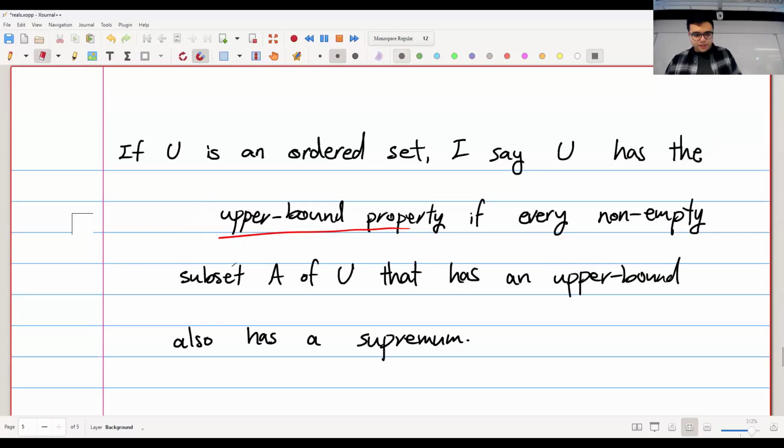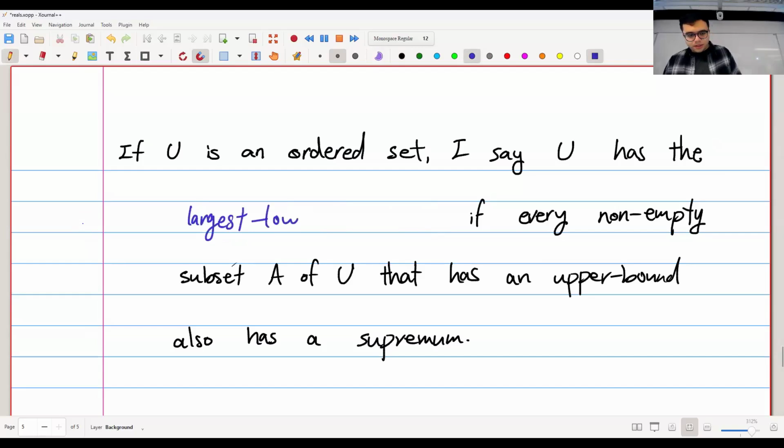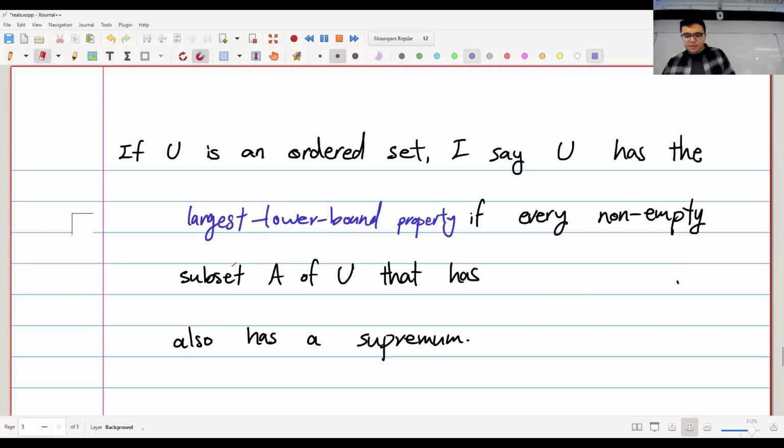Now, instead of this, I want to say it has the largest lower bound property, or the infimum property, if every non-empty subset that has a lower bound also has an infimum.